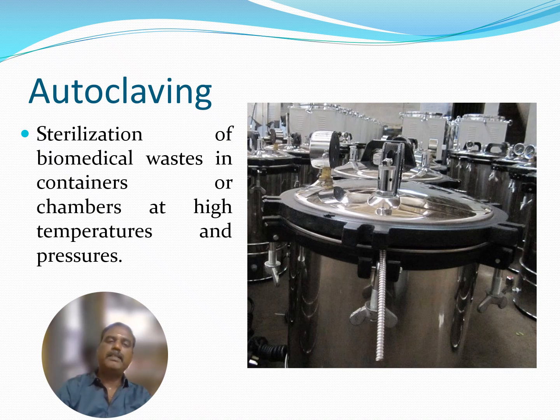What do we mean by autoclaving? It is the sterilization of biomedical waste in containers or chambers at high temperatures and pressures. These are the chambers we use to sterilize. We are killing all the microorganisms present in biomedical waste like cotton and syringes.